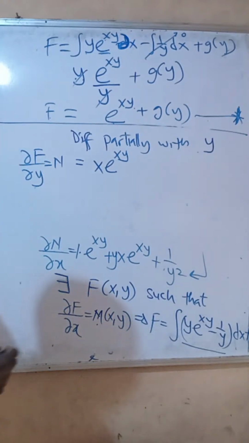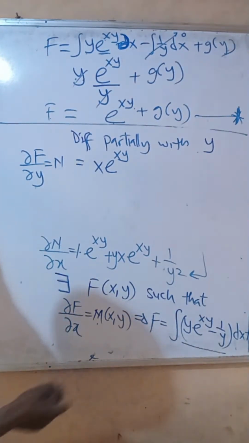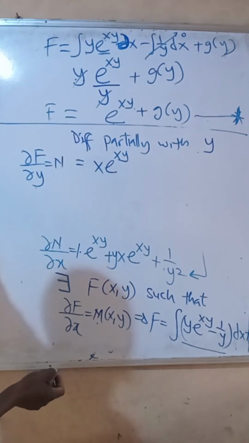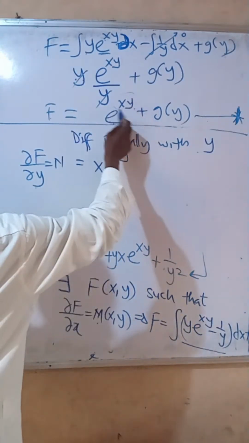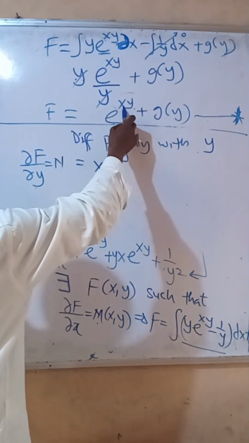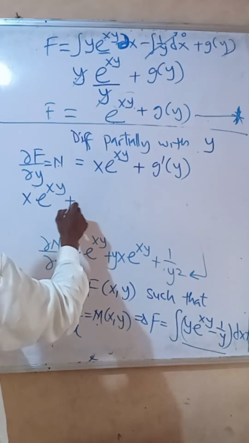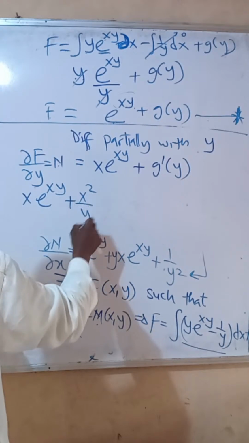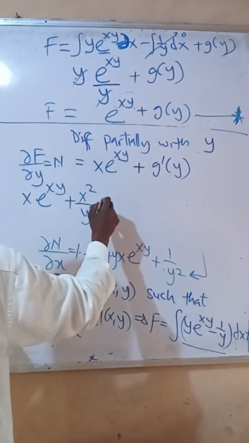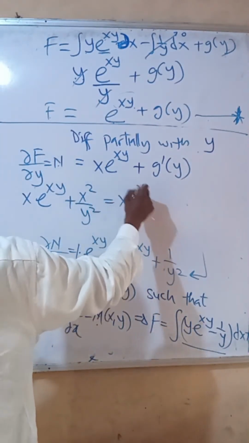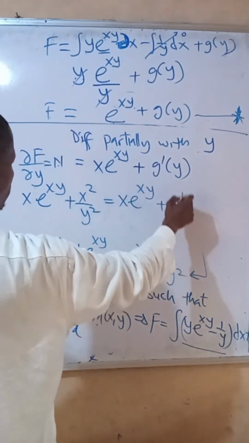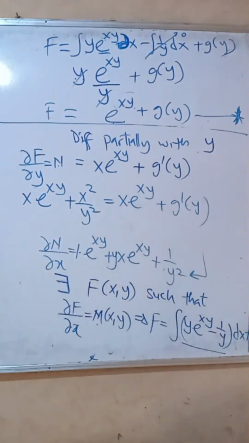So when you are differentiating, you multiply by the derivative of the power. Derivative of this one with respect to y is x. So times the e function plus s squared over y squared, equal to this one plus g prime of y. So that's what we have in that place.